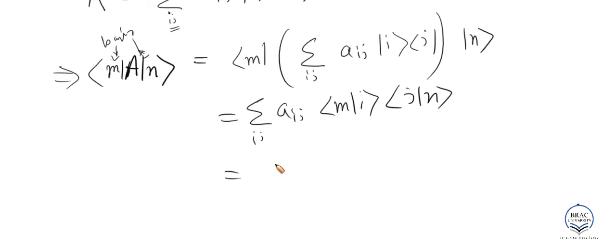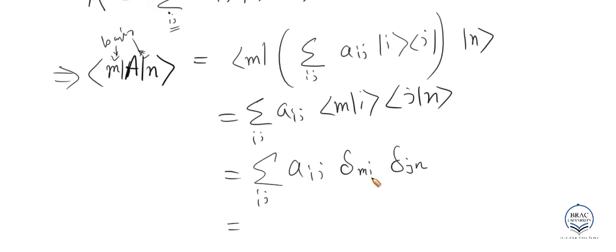And finally, you need to use the fact that our bases are orthonormal. So again you write the summation over i and j, this is delta mi, and this is delta jn, and you have two delta functions now and two summations, so you can just get rid of them.